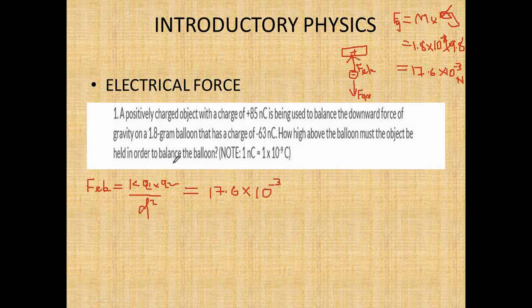So we know the charges. The charge on the positive object is plus 85 nanocoulomb, and the charge on the balloon is 63 nanocoulomb negative. All right, so let's put these in our equation now.